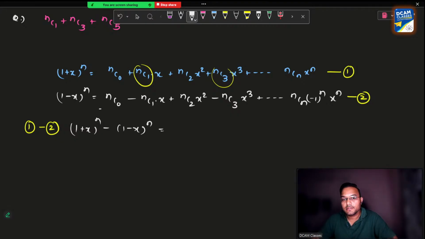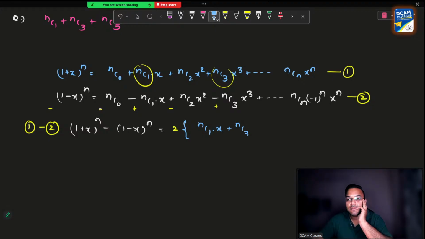Then this will be minus, this will be plus, this will be minus, this will become plus. So when I subtract them, the even terms will be removed. So it will be 2 times (nC1 into x plus nC3 into x cube plus nC5 into x power 5, and so on up to this).